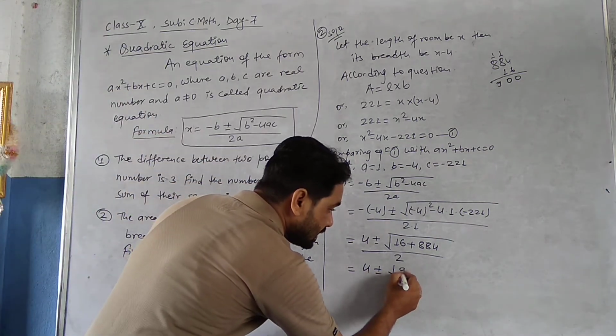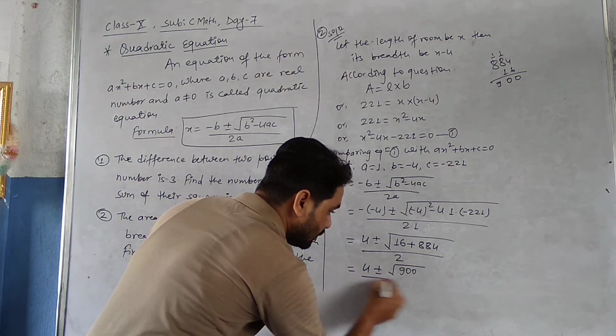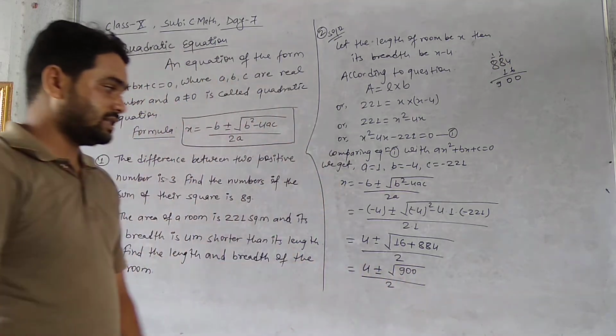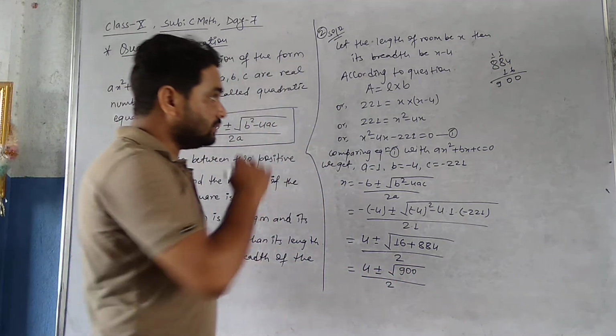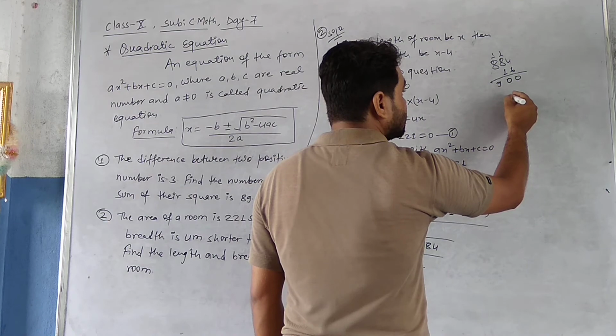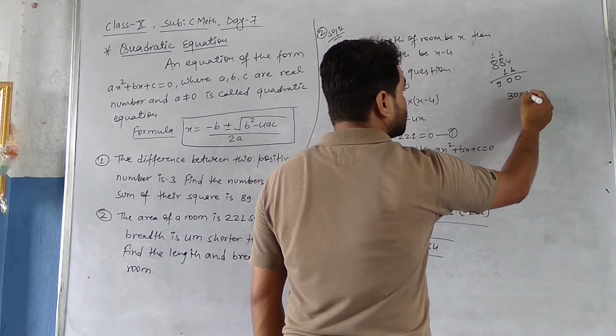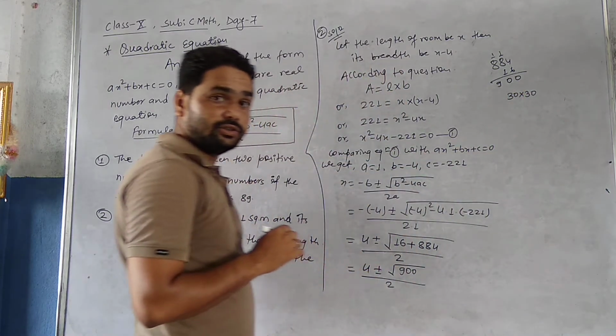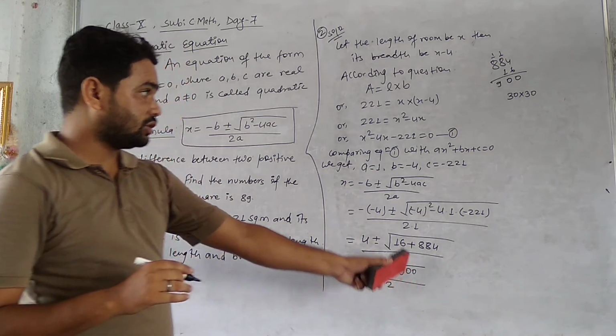So we get root 900 whole upon 2. 900 means 30 into 30, that means the square of 30 is 900.